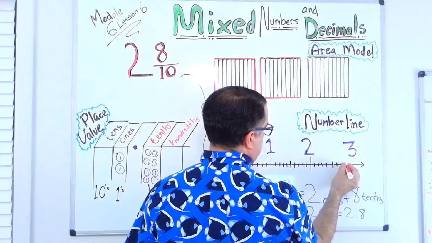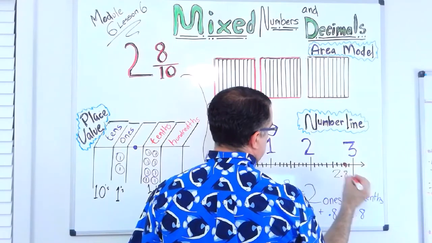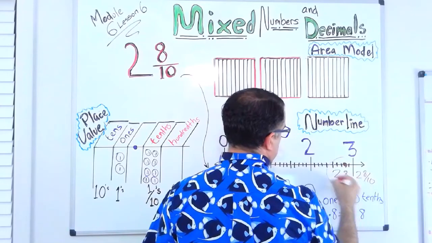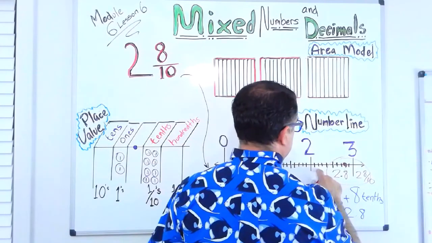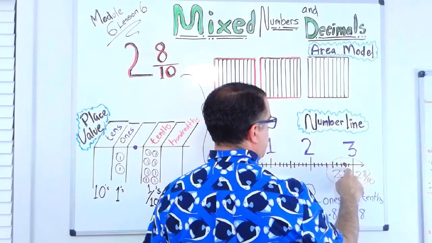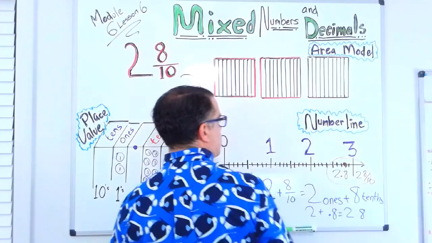There it is right there. 2.8, or 2 8/10. Right here. Okay? And let's see if that's right. 1, 2, 3, 4, 5, 6, 7, 8. That would be 2.9. And then 2 10/10, of course, is 3.